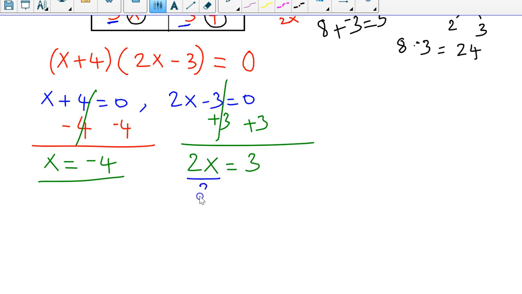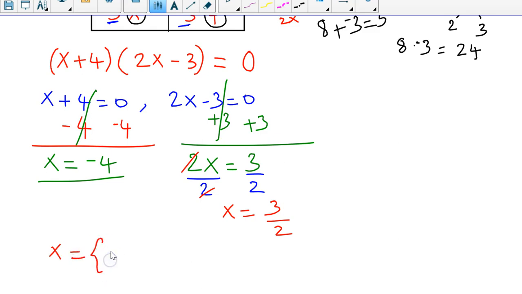I'll divide by 2, to make that x by itself. Divide by 2. That cancels off 2 and 2. So you're left with x is equal to 3 over 2.